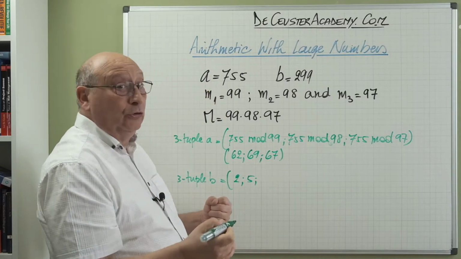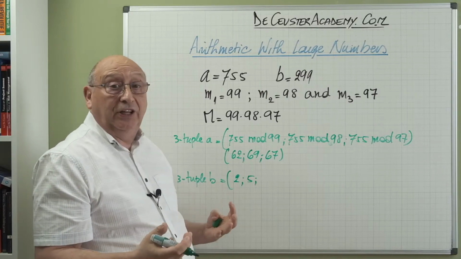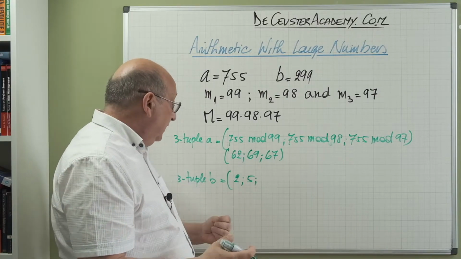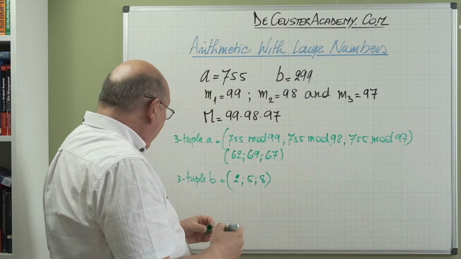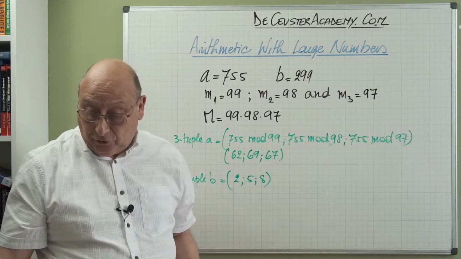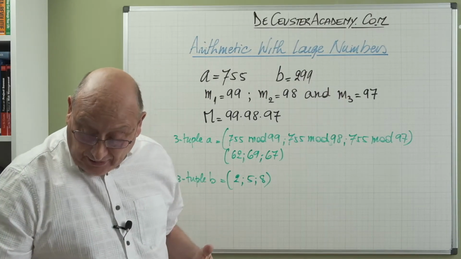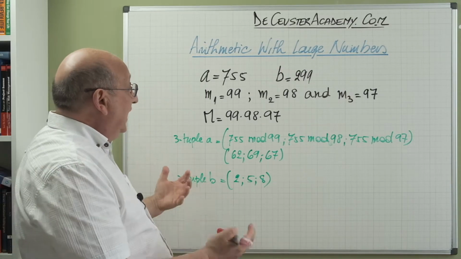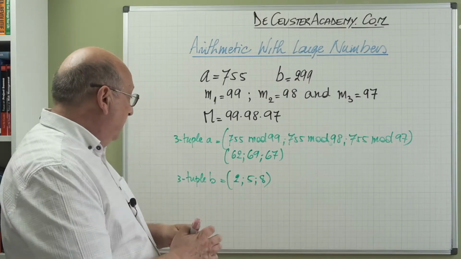And finally we do the same for modulus 97, and 299 modulus 97 is equal to 8. So basically what we have here is the three-tuple for A and the three-tuple for B, and when you're going to calculate the addition and the multiplication, we have to use those n-tuples.